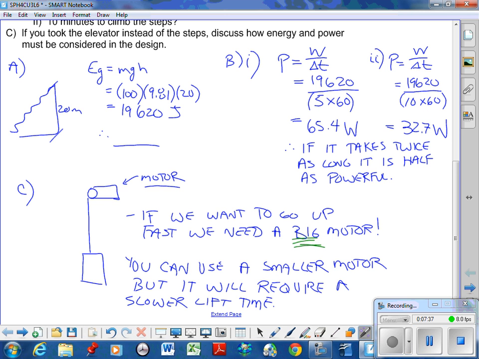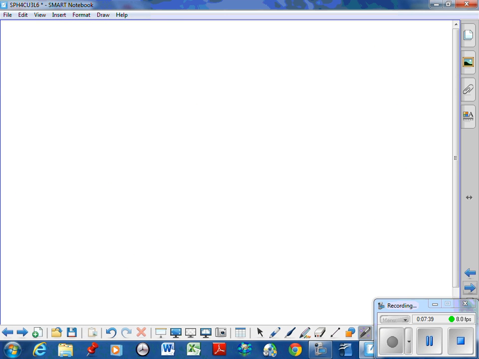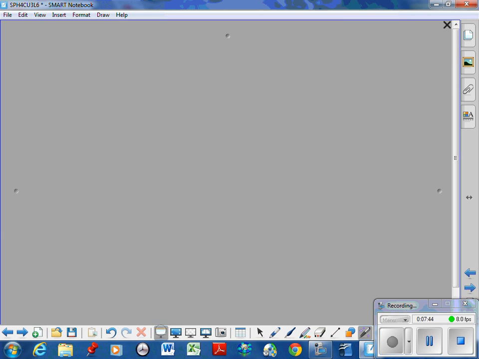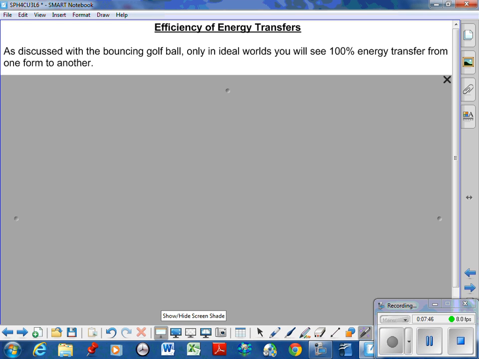All right. Okay, moving along to efficiency. As discussed with the bouncing ball, you only see 100% transfer of energy in the physics world.